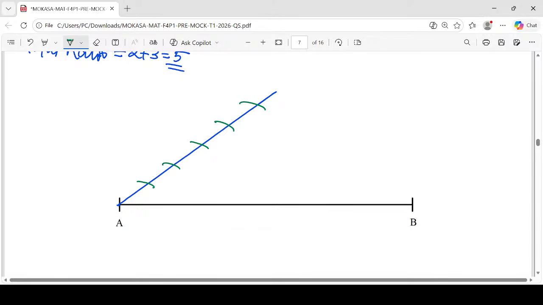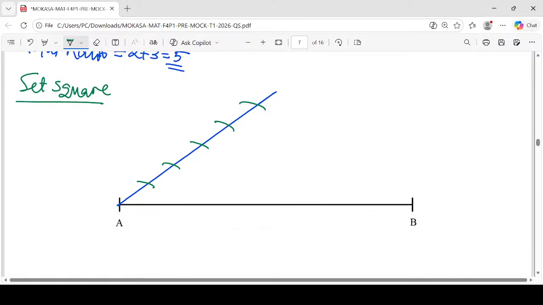After that, I'm now going to use what is called a set square. I'm going to slide it, so first I align my set square in such a manner.